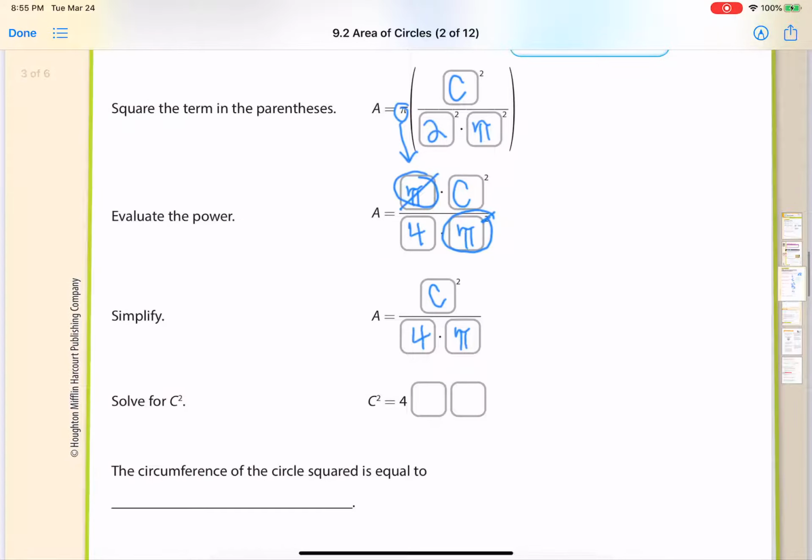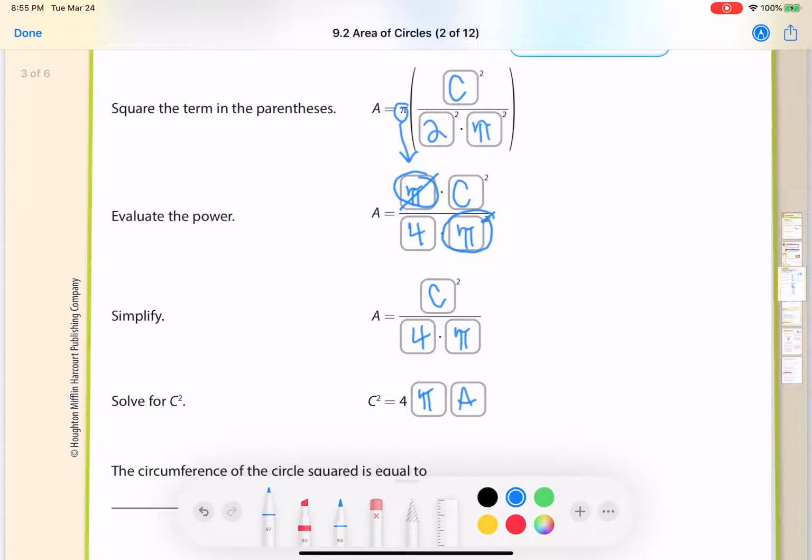And now I'm left with C squared equals 4 times pi times the area.